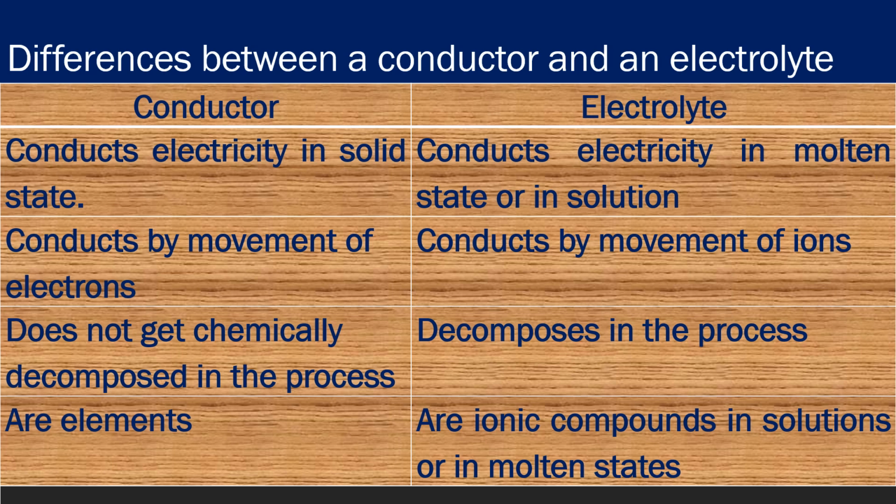The third difference between them is that conductors do not get chemically decomposed in the process, whereas electrolytes decompose in the process. And the last difference between the two of them is that conductors are elements, but electrolytes are ionic compounds in solutions or in molten states.